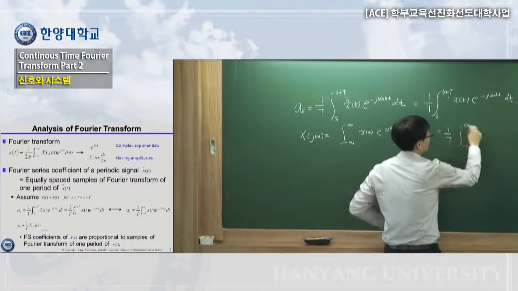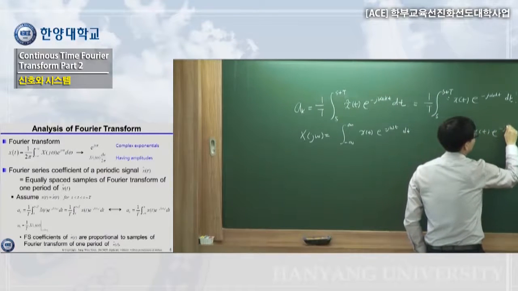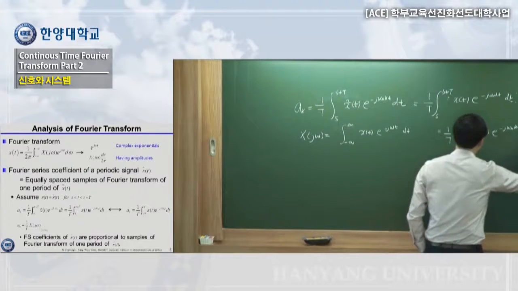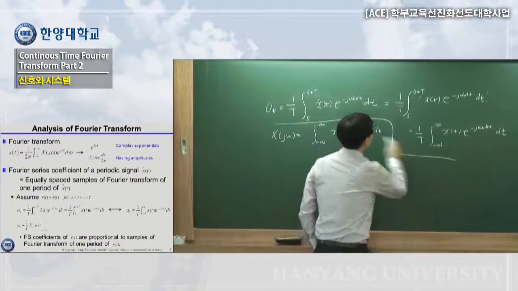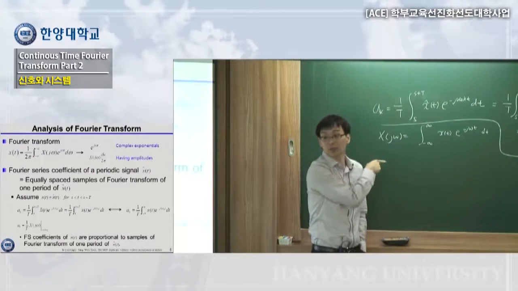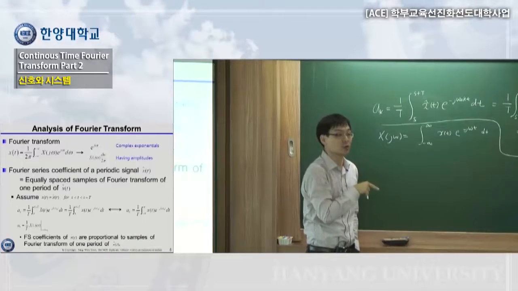So we can have the integral from minus infinity of x(t) e^(-j omega_0 k t) dt. So this is the Fourier series coefficient, and this is the Fourier transform. Let's find out the relationship between those two first using the equation.